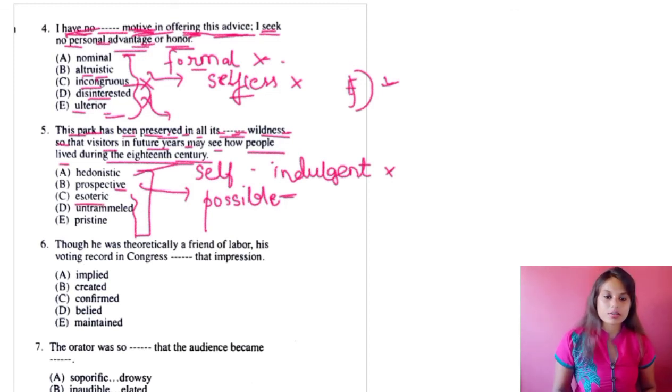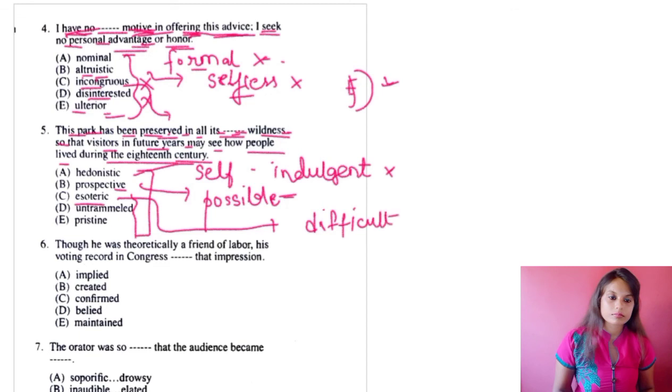Let us see esoteric. Now esoteric means kind of difficult or hard. All right, I'm writing down difficult or you can say hard. So if I put esoteric, like this park has been preserved in all its esoteric wildness.